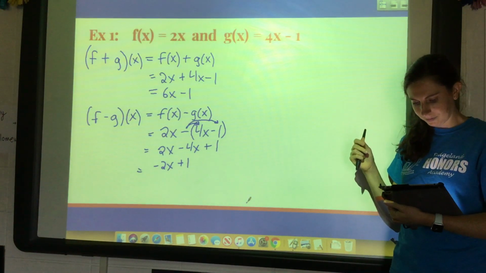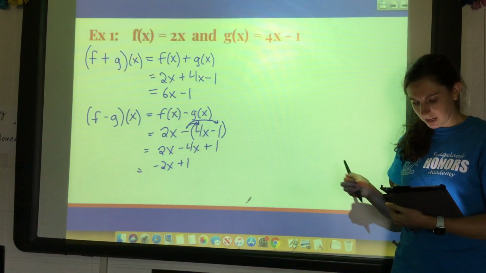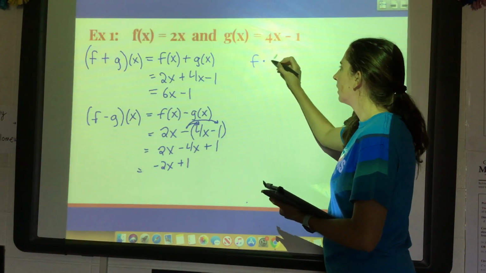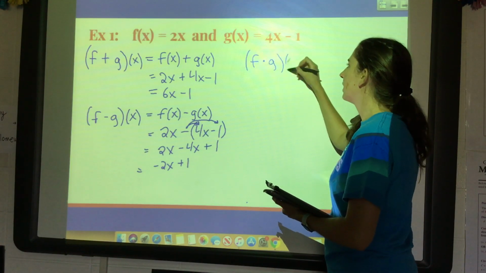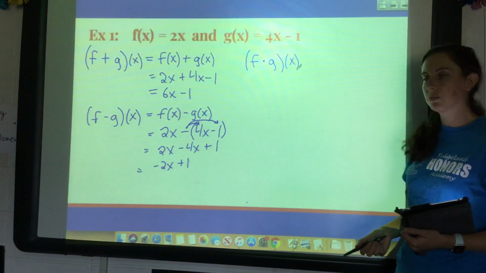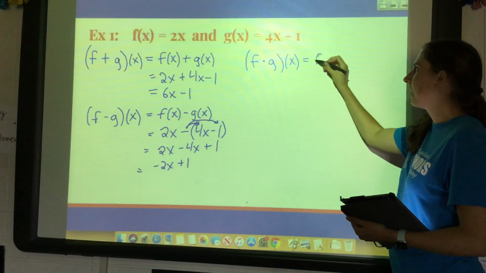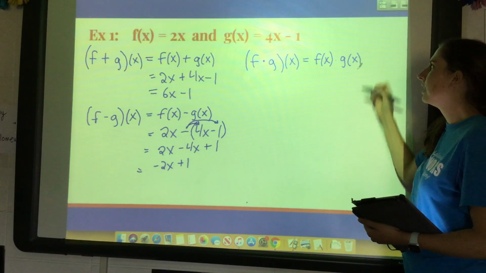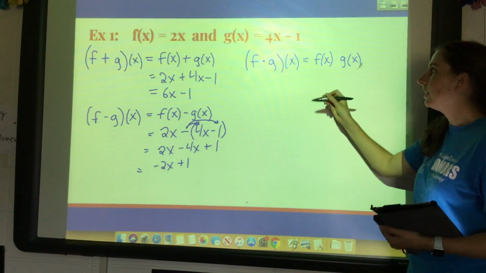Okay. Let's try f times g of x. A dot, a closed dot means multiply. This is the same thing as take f of x times g of x. So I'm going to multiply the two together.